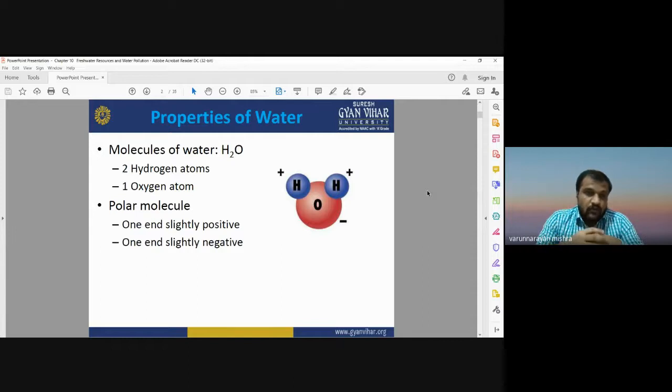It is a polar molecule, meaning one end is slightly positive and one end is slightly negative. So it has both positive and negative charges, which is why it is known as a polar molecule: in the same molecule there is a positive charge and a negative charge.